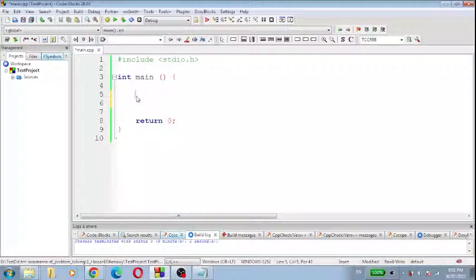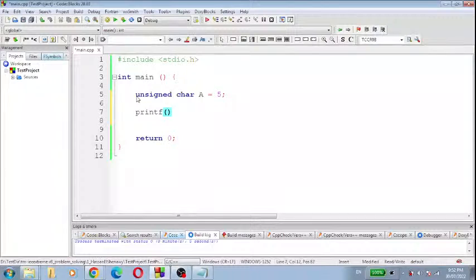Let's say that we have unsigned char a, which is equal to something like 5 here, then I'm going to printf something like this.